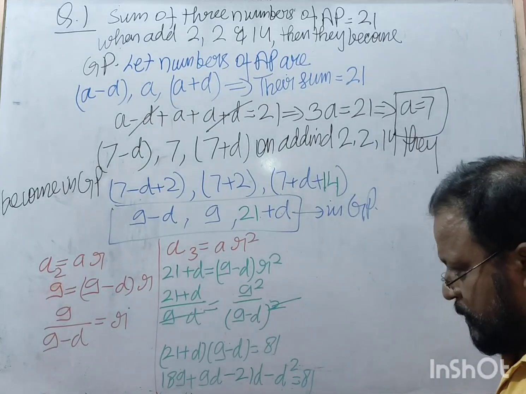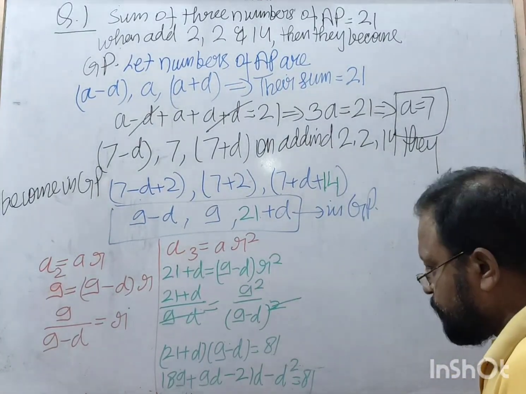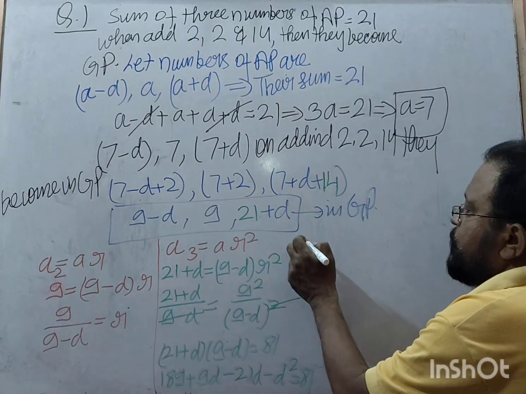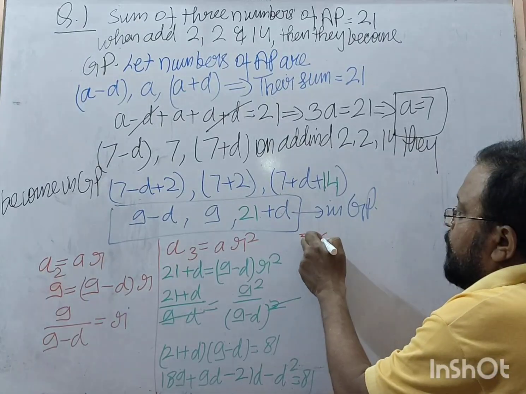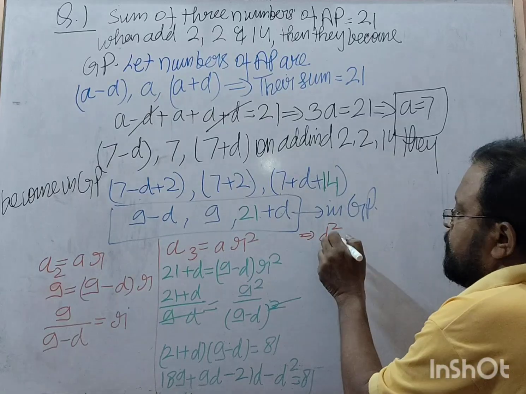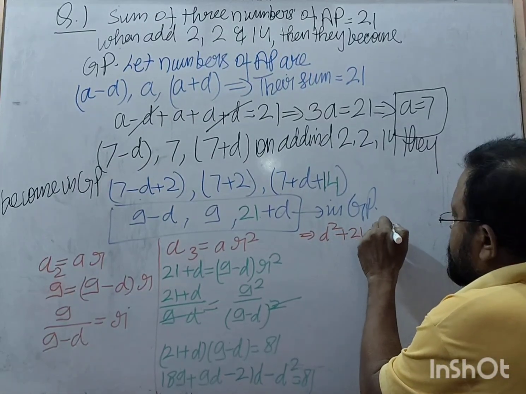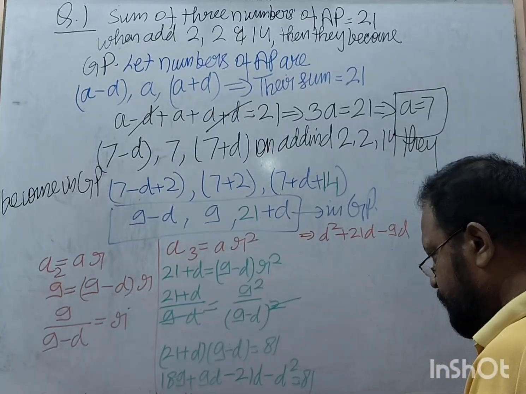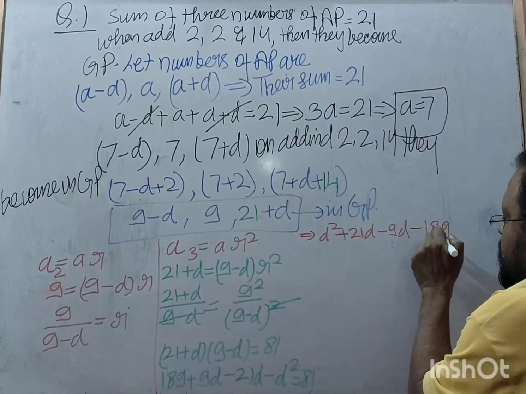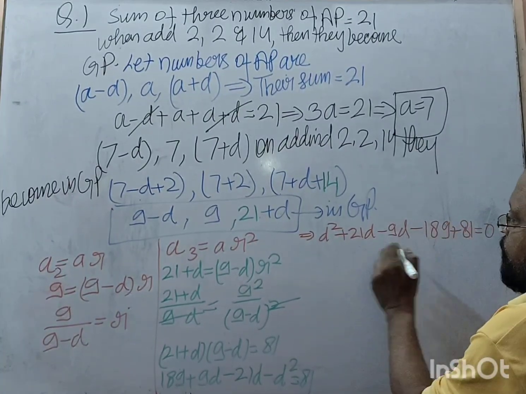Now when we solve this, we bring all of this to the other side, so it will be d square plus 21d minus 9d minus 189 plus 81 is equal to 0.